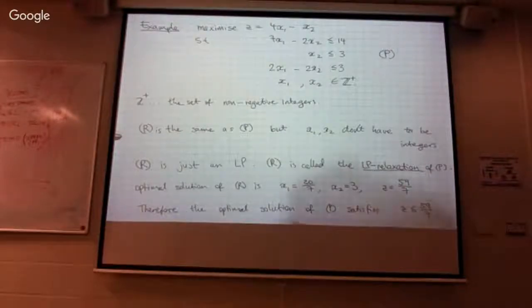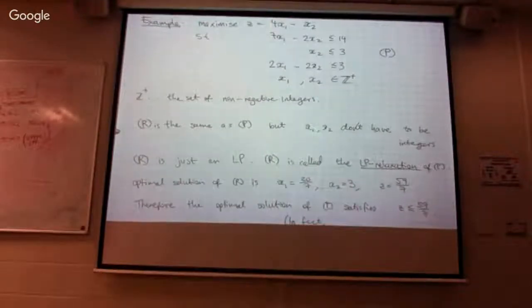In fact, we know that the objective is also an integer, because x1 and x2 are integers, 4 times x1 is an integer, and minus x2 is an integer. So it can't be more than 59 divided by 7, which is 8 and 3/7, so it can't be more than 8.